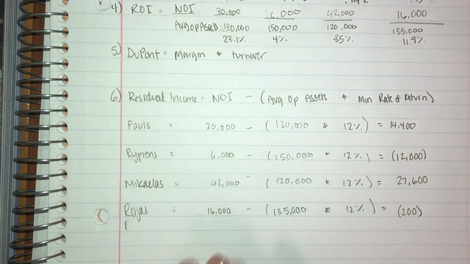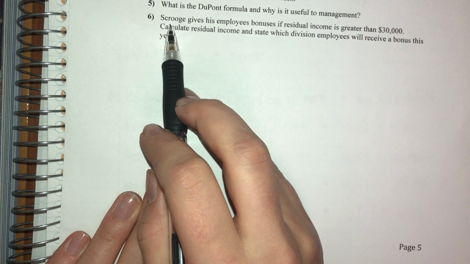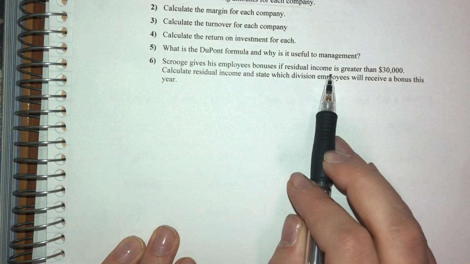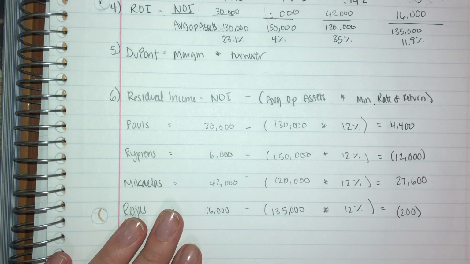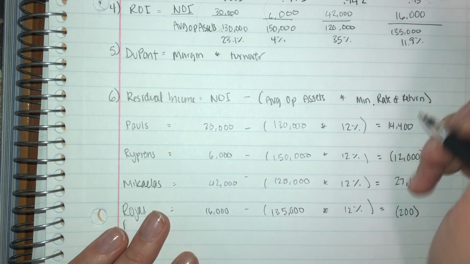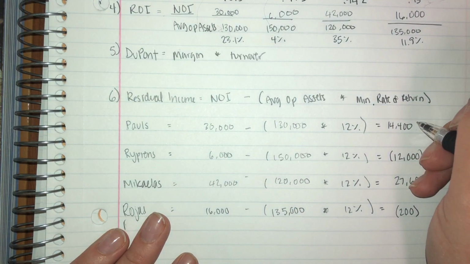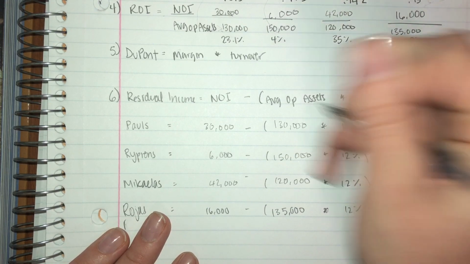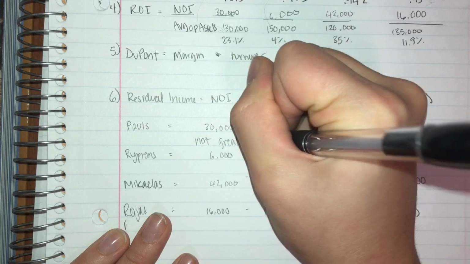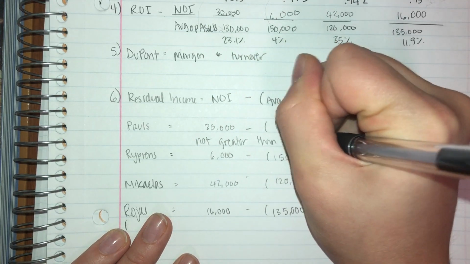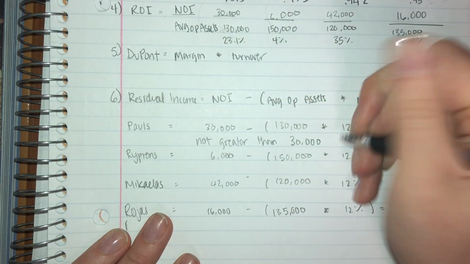Oh, sorry, that's the bottom of the page. It tells us that Scrooge will give his employees a bonus if the residual income is greater than 30,000. So let's look through and see if any of these are greater than 30,000. 14,400, is that greater than 30,000? It is not greater than 30,000. So they will not receive a bonus.